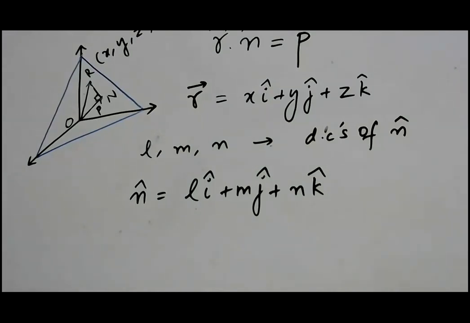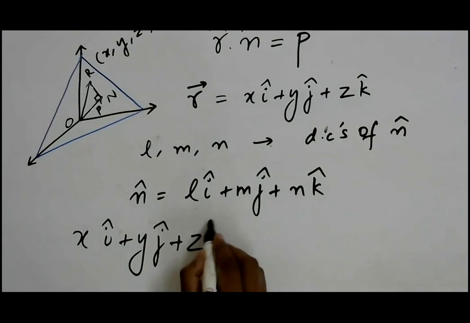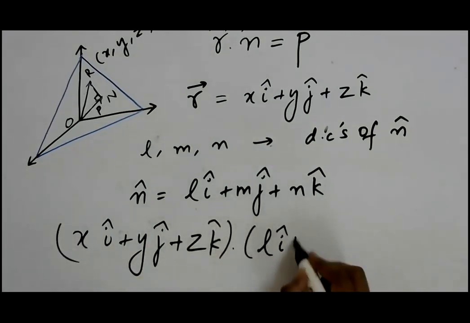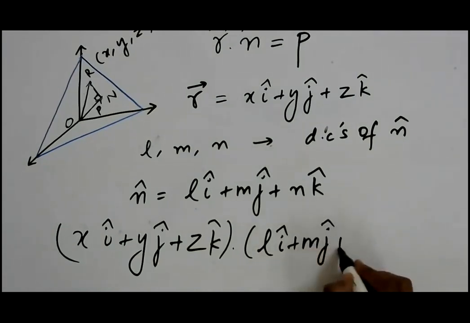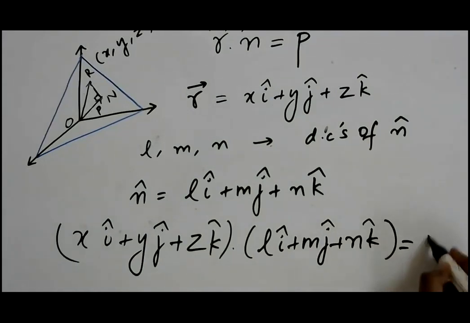Substituting them in the vector equation, we have x i plus y j plus z k dotted with l i plus m j plus n k, that is equal to p, right? We know in dot products, the components of i's get multiplied, components of j's get multiplied, components of k's get multiplied. Let's see what happens.